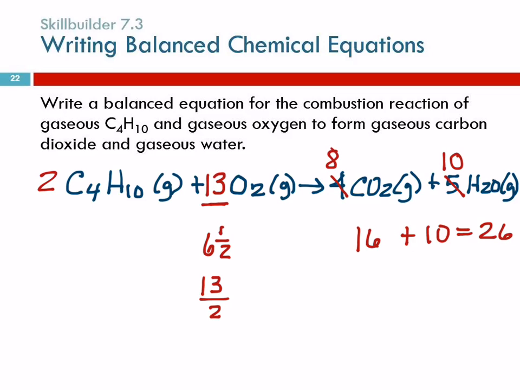And so when you're all done, you're going to multiply the whole thing by 2 so that everything's whole numbers. So what we're trying to get for our coefficients is whole numbers in the lowest possible ratio. 2 to 13 to 8 to 10 cannot be reduced into a smaller ratio. And they're all whole numbers, so we're good.